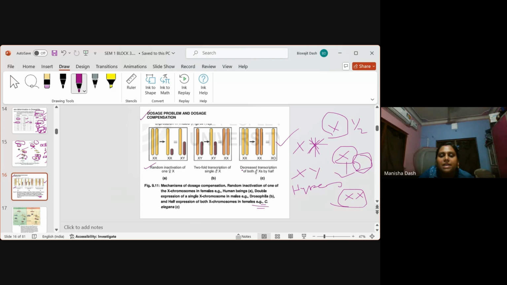This is called decreased transcription or hypoactivation of the X chromosome in the female. So there are three different ways of dosage compensation. In human beings, it is random inactivation. In Drosophila, hyperactivation of the single X chromosome in the male, and in C. elegans, it is hypoactivation of the two X chromosomes in the female.